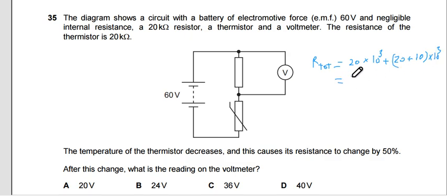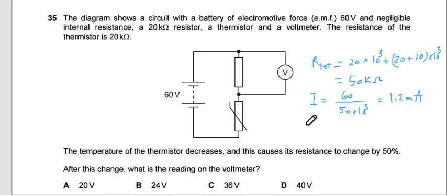So the total resistance is 50 kilo ohm, and current equals 60 volt over 50 kilo ohm. This gives us a current of 1.2 milliampere.